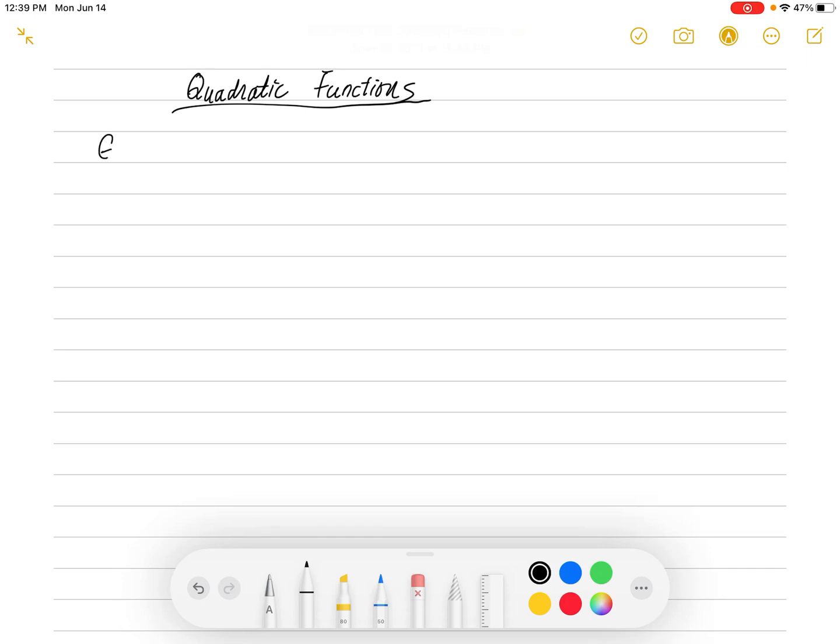We're going to start looking at them in their forms. So what is a quadratic function? We're going to talk about, first of all, the general form of a quadratic function.